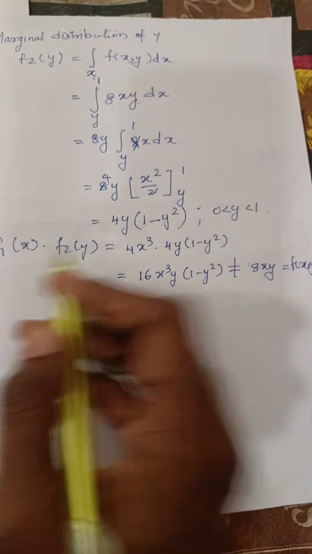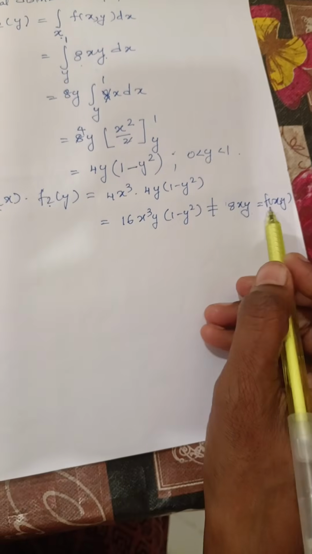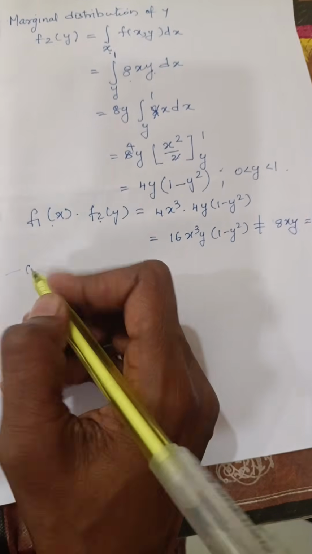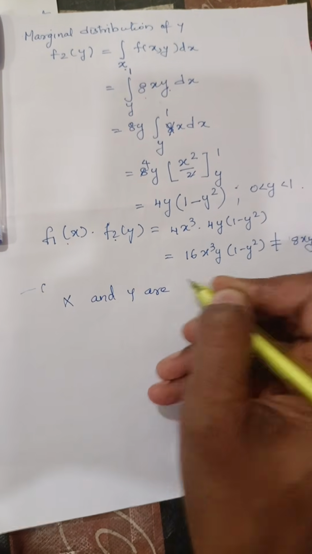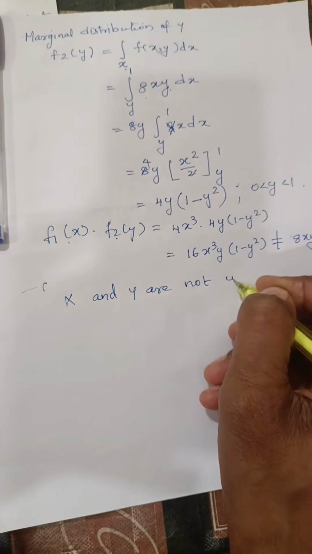So since f1x into f2y is not equal to f of xy, we can say that x and y are not independent.